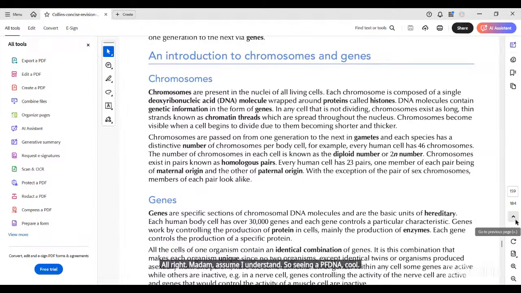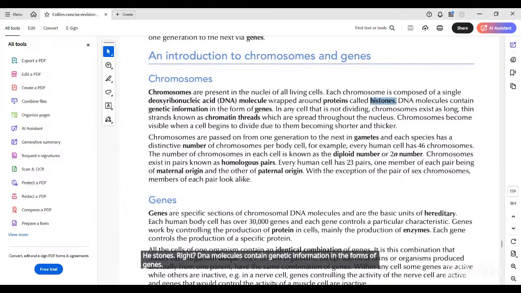Now DNA is deoxyribonucleic acid. Make sure you know that. And it's wrapped on proteins called histones. Very important for all the nerds out here. Histones. DNA molecules contain genetic information in the form of genes.